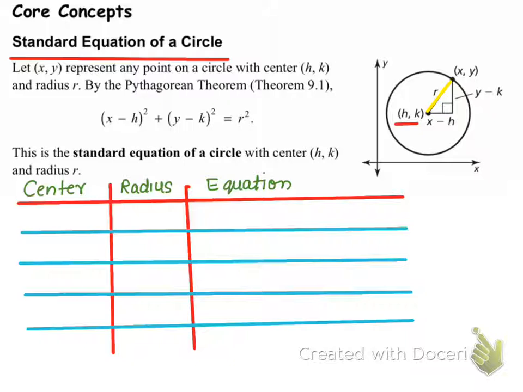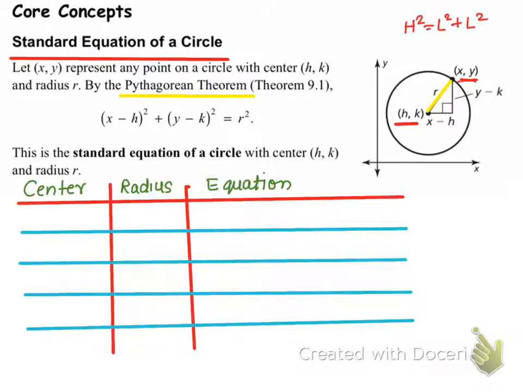Basically for that, if you use the Pythagorean theorem here, where your radiuses are. So if any point here is x y, applying the Pythagorean theorem says the hypotenuse square is leg square plus leg square.